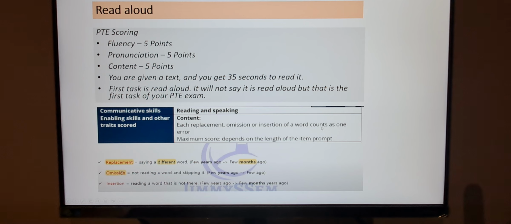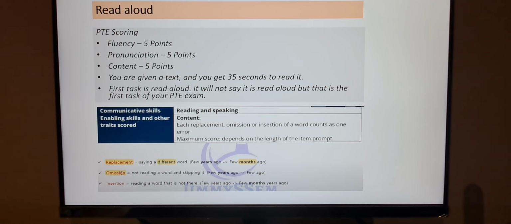So guys, there is a theory going around on various Facebook sites or various channels, or various PTE online tutors are telling that you can replace a word, you can skip a word, you can insert a word when you are doing read aloud.